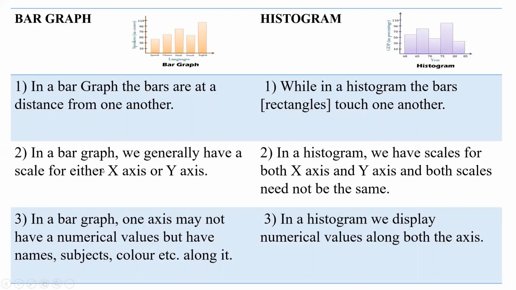Second difference: in a bar graph, we generally have a scale for either the x-axis or the y-axis, while in a histogram we have scales for both the x-axis and the y-axis, and both the scales need not be the same. Third, in a bar graph, one axis may not have numerical values but have names, subjects, colors, etc. along it, while in a histogram we display numerical values along both the axes.